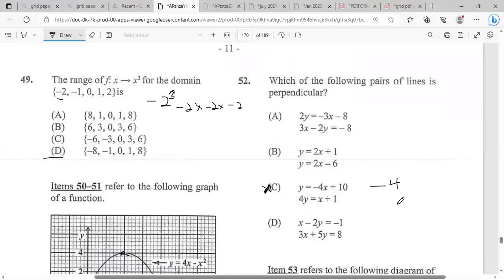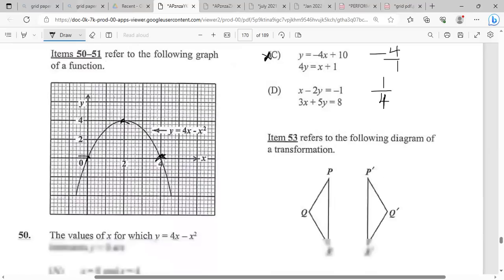So we're going to work out this part here. We have 1x already, so we divide by 4 and we get 1 over 4. If we multiply these, the product is negative 1. So that means they are perpendicular. If they are parallel, they have the same gradient. 53.